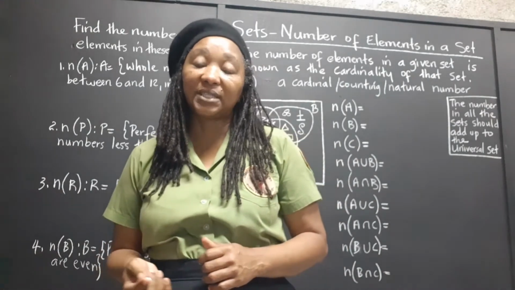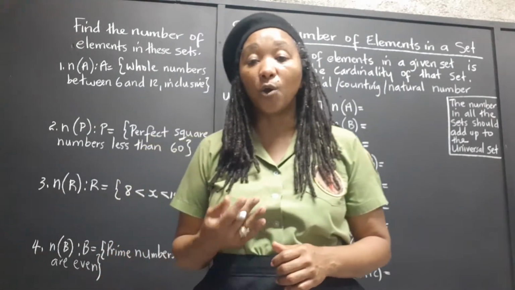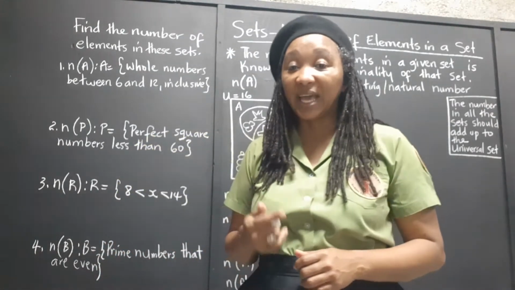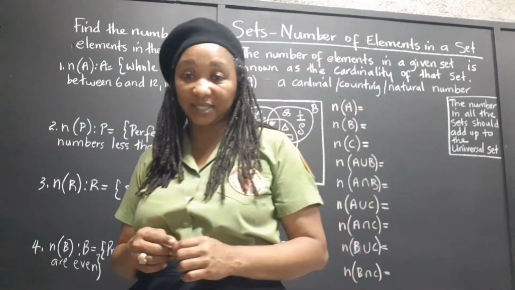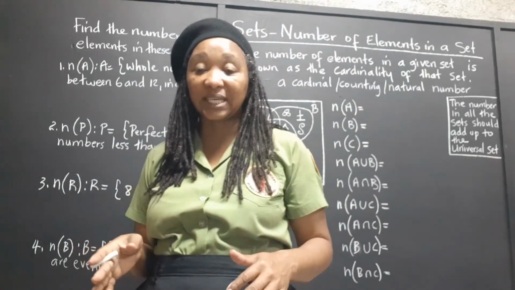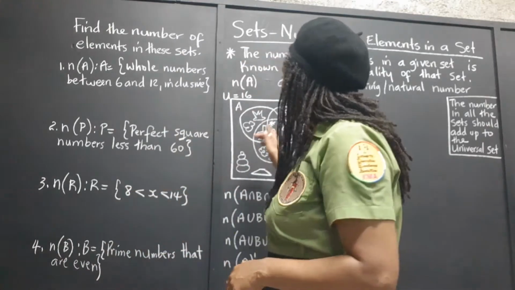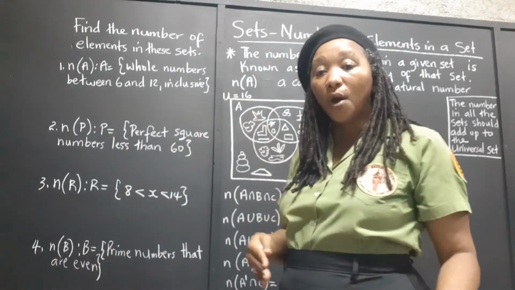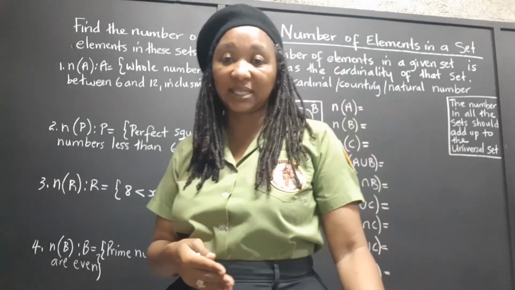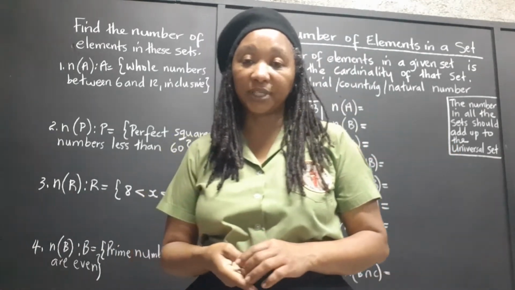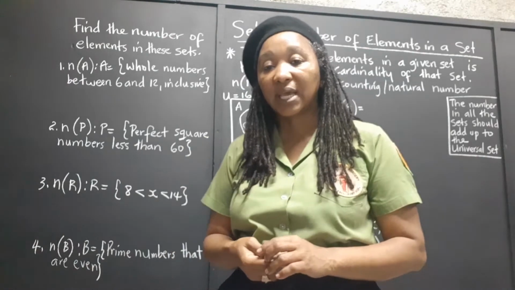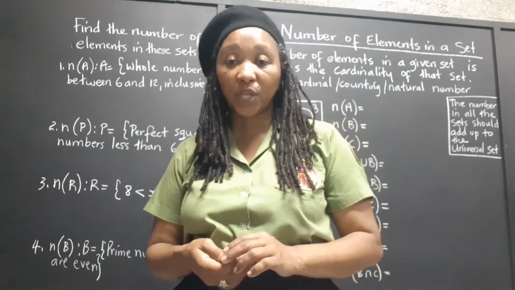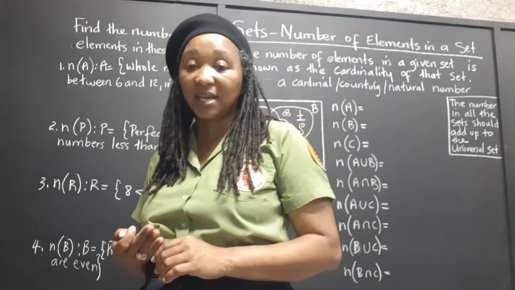So what we're focusing on today is actually counting the elements in the sets. Not just listing them, but counting them. So where you see this N, it means the number of elements in that set. And of course, we usually use capital letters to represent the sets.